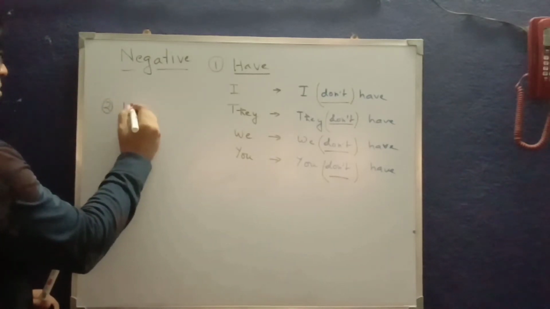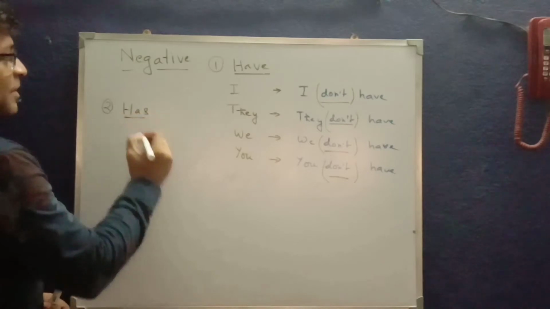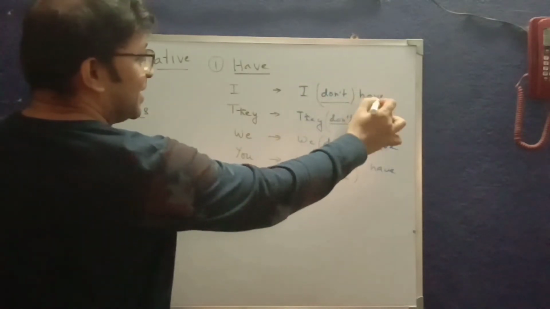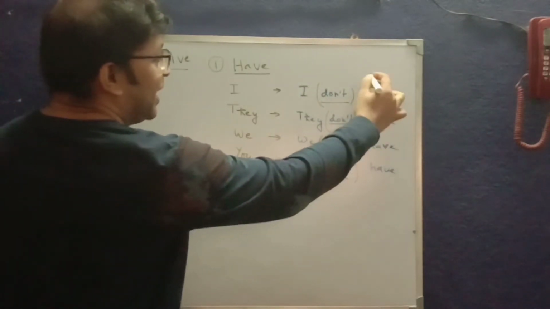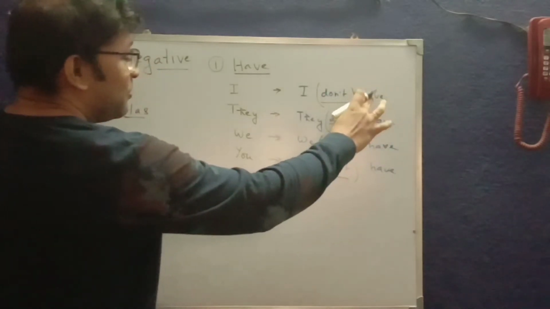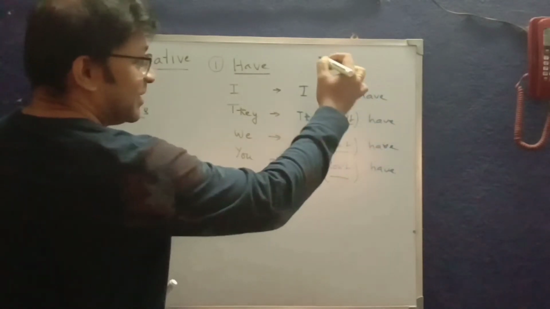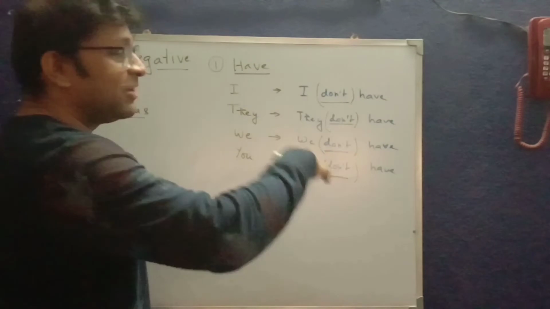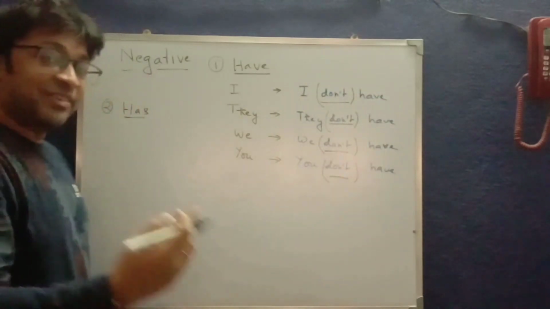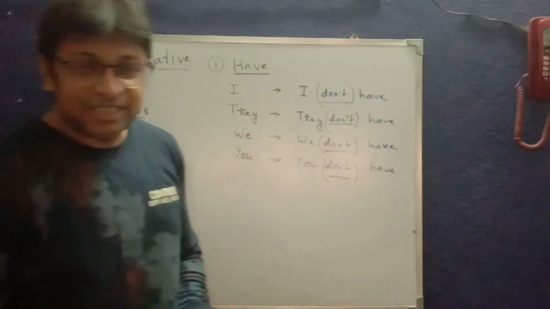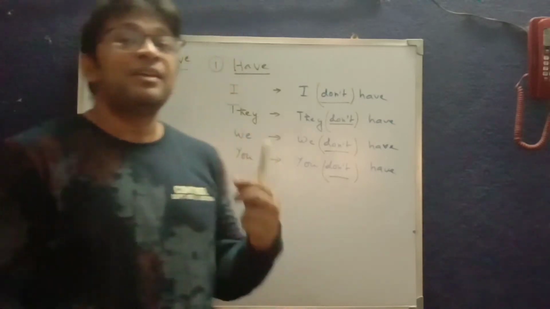Now in case of has, how are we going to use it? We are not going to change this sentence. We are not going to write has here, but we are going to change this thing. We have to change these things, then we can place has after that, and that will make our sentence proper and correct.